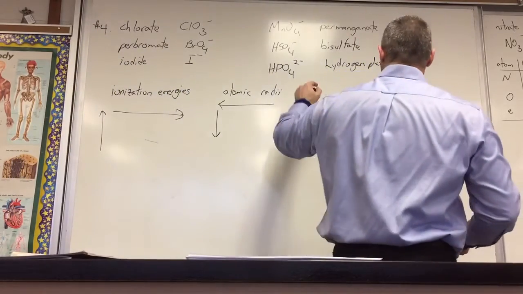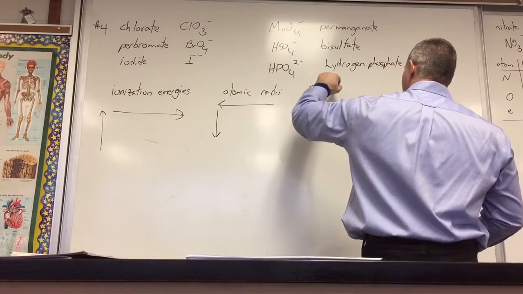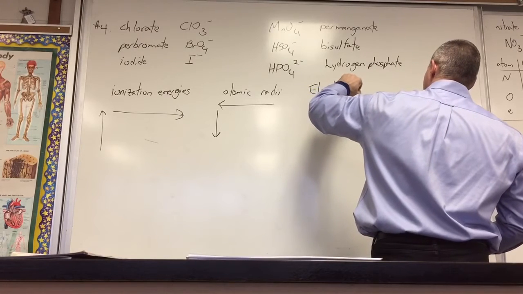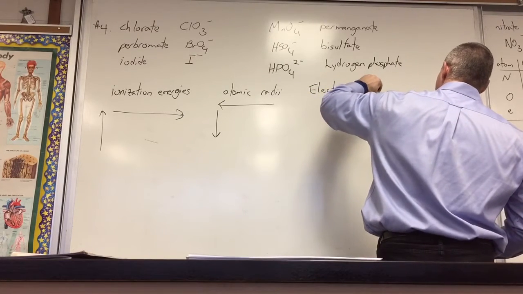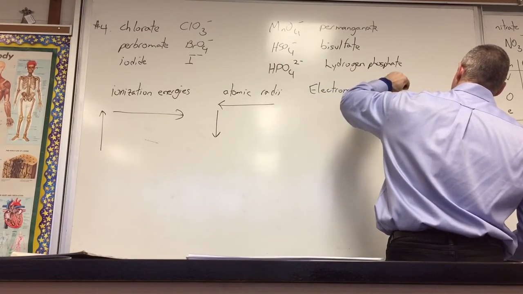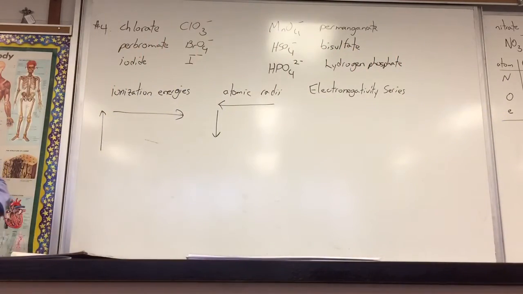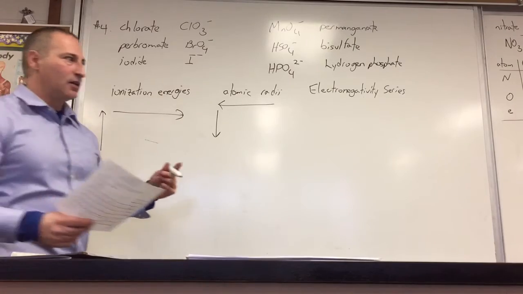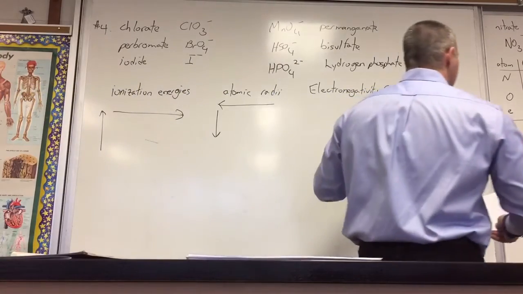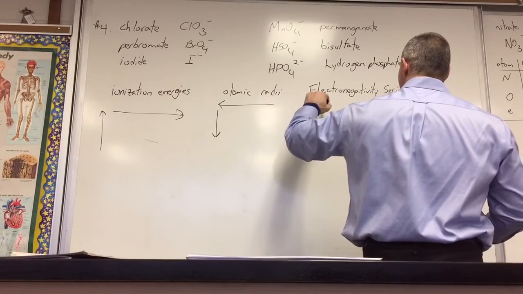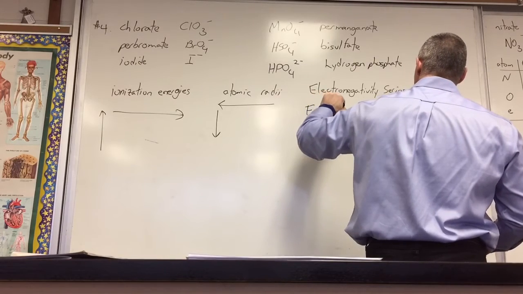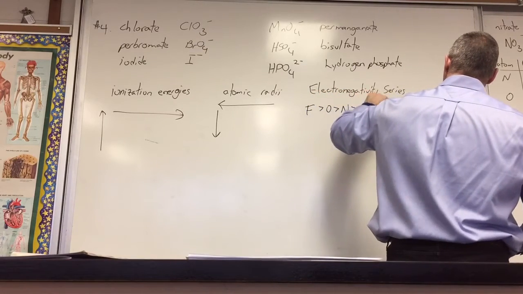I want you to know the electronegativity series. What is the electronegativity series? It is a measure of how much attraction an atom has for the electrons when it's in a bond. And this is not an exhaustive list.